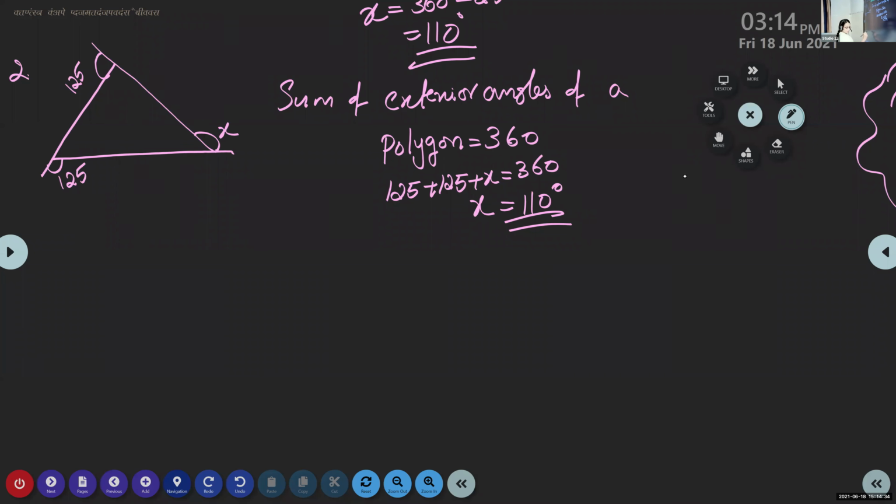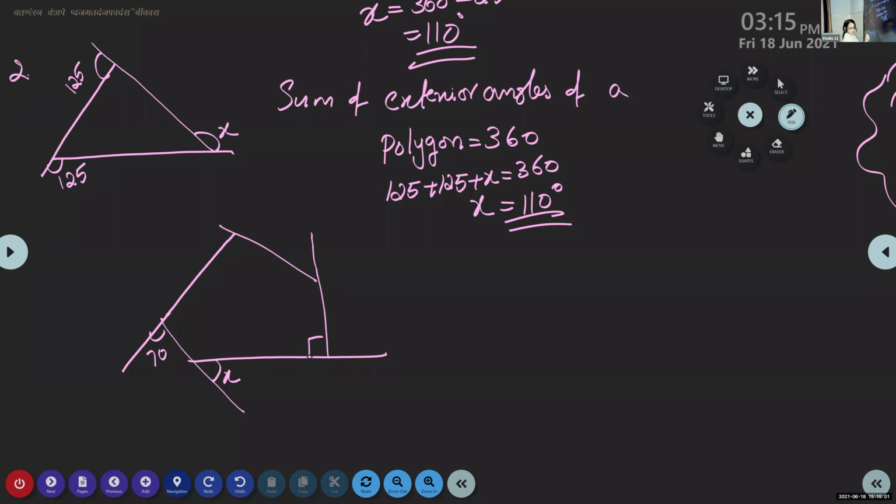Draw that pentagon. The exterior angles are 90, 60, 90 and 70, and this one is x.